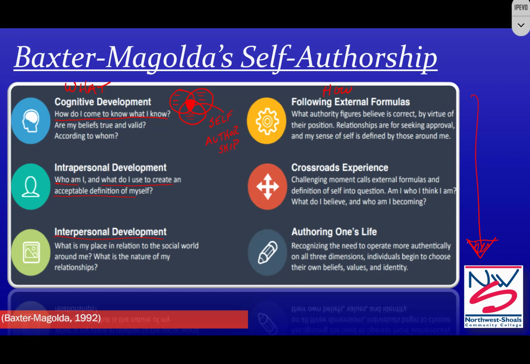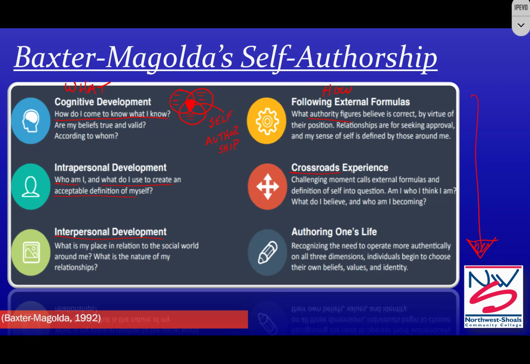The following external formulas stage: again, we're looking externally to authority figures in the higher education setting. Those authority figures are usually going to be professors, and we're looking for them to tell us what is right, what is wrong, and who we are. Then we have this crossroads phase where we begin to say, maybe I don't need to be looking elsewhere to have people tell me what's right and wrong, and to have people tell me who I am.